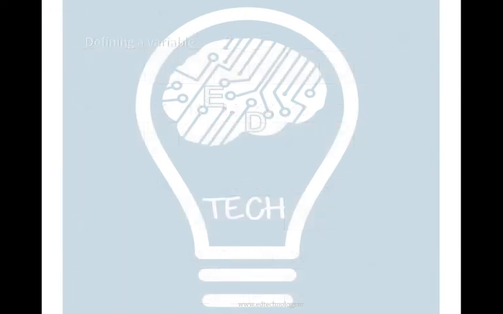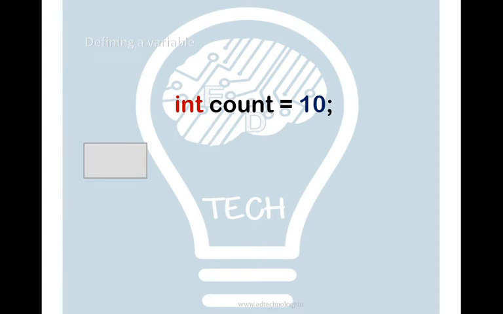Now let us understand how we define a variable. When we are defining a variable, we are declaring the variable with a data type and a name, and possibly some value. So what is the background process happening here? We have a memory block where at this particular address, which is 2000, we have a name assigned, which is count, and whatever value we are assigning will be stored in that particular location.